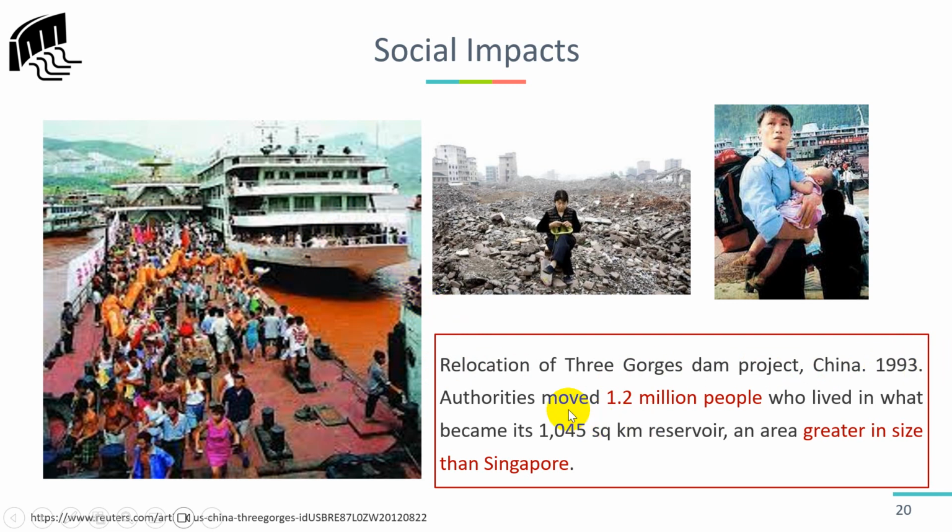It is said that 1.2 million people were relocated who lived in what became a 1,000 square kilometer reservoir, an area greater in size than Singapore. So we can imagine how many people had to be relocated from this area to become the reservoir, and how much cost was spent on these relocations.